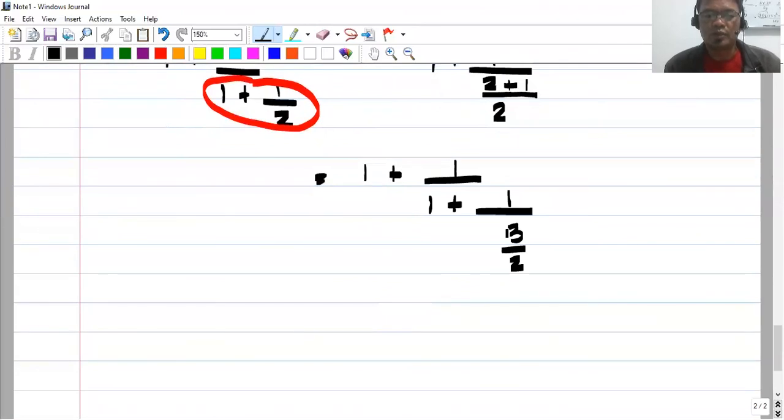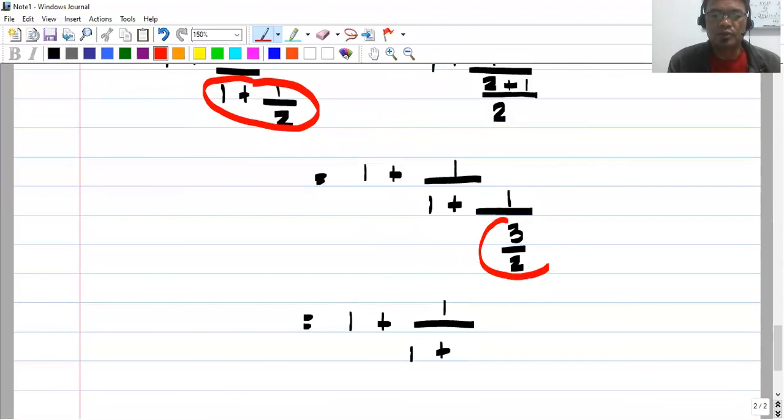So we have now our fraction, which is 3 over 2, and 1 plus 1 over 1. This is now our denominator, which is 3 over 2. So that is 1 times 2 over 3.